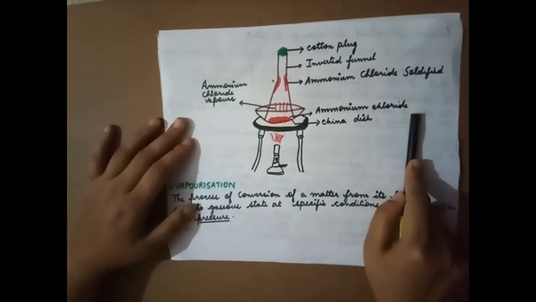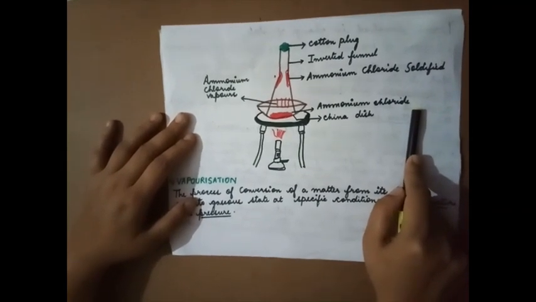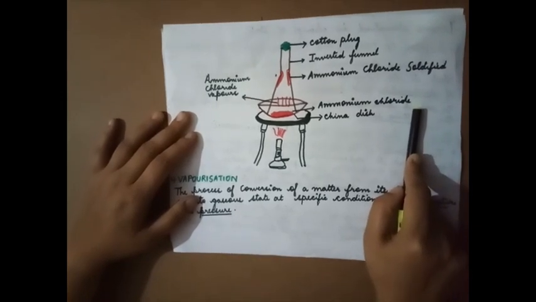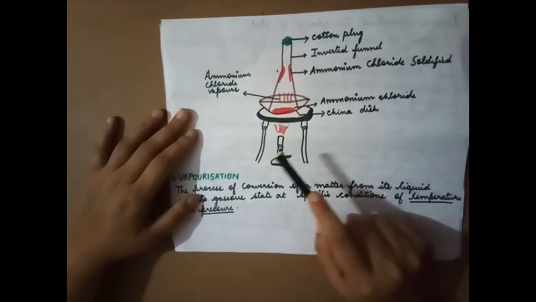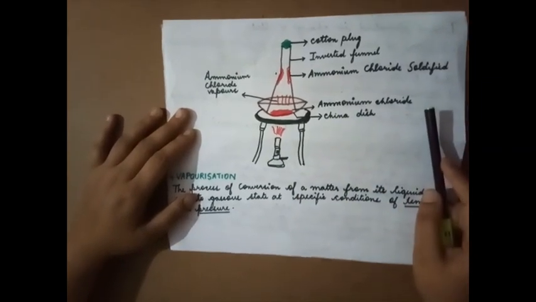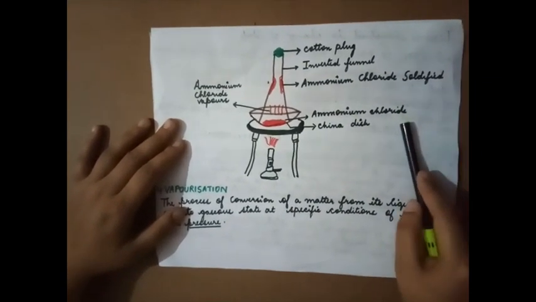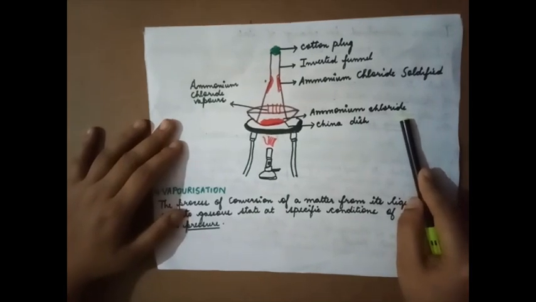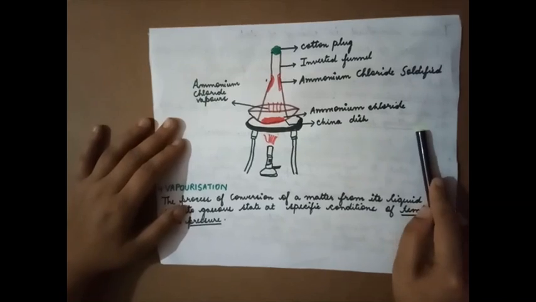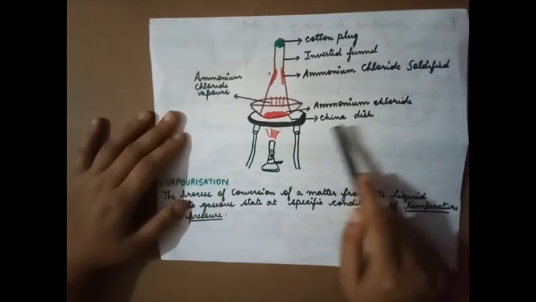Ammonium chloride exhibits sublimation. Apart from this, you also have camphor and naphthalene balls that exhibit sublimation. Naphthalene as well as camphor exist in solid state, and once you heat them, it directly gets converted into your gaseous state.